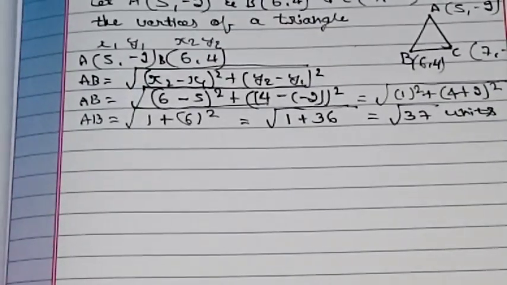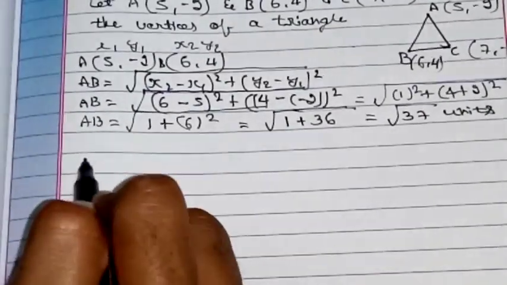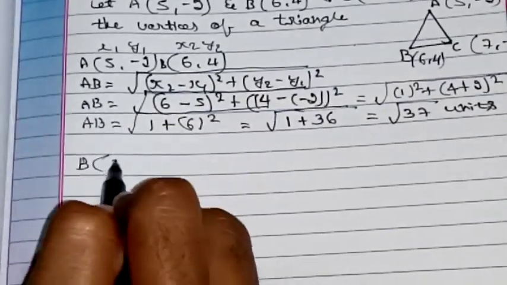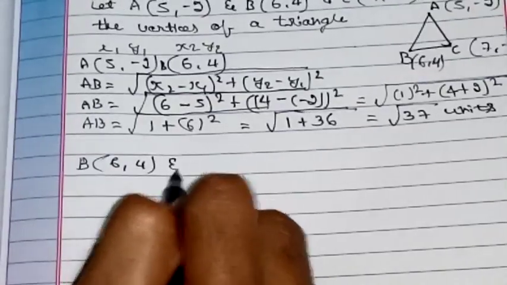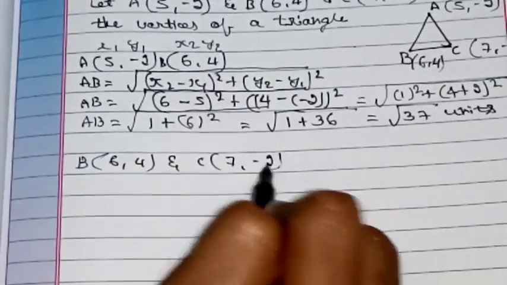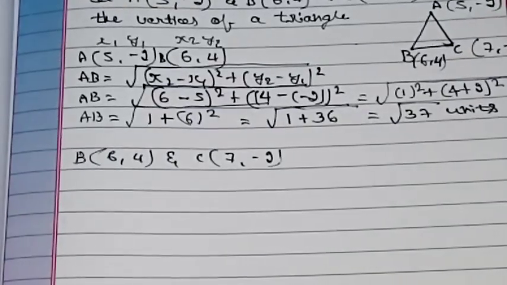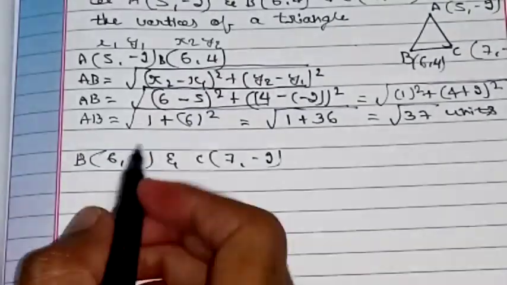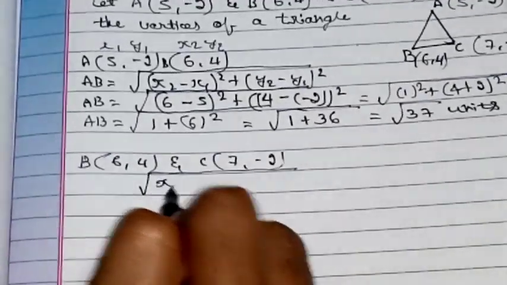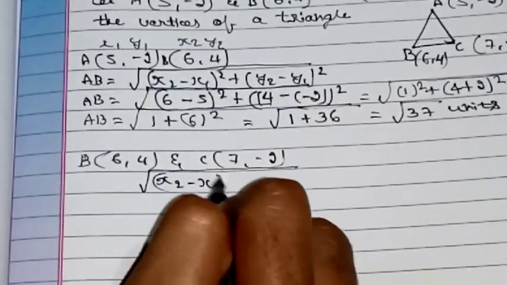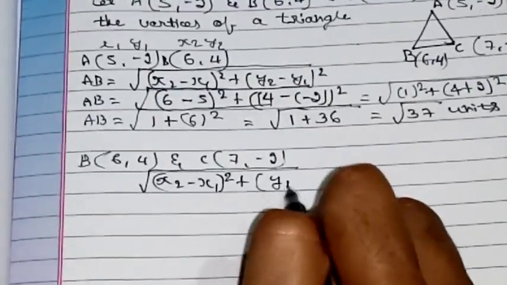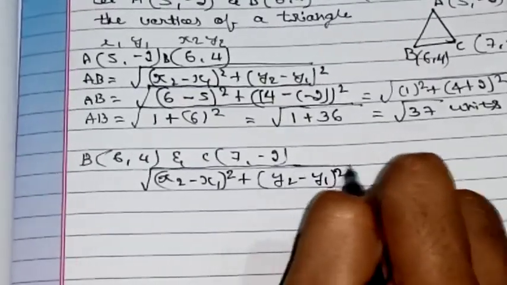What are the coordinate points they have given for B and C? B (6, 4) and C (7, -2) are the points. Now write down the distance formula: square root of (x2 minus x1) whole square plus (y2 minus y1) whole square.